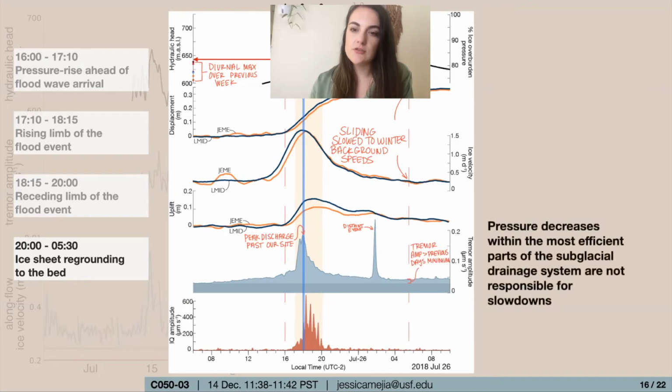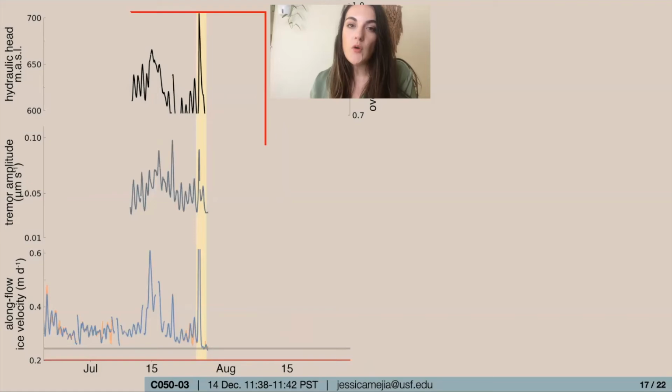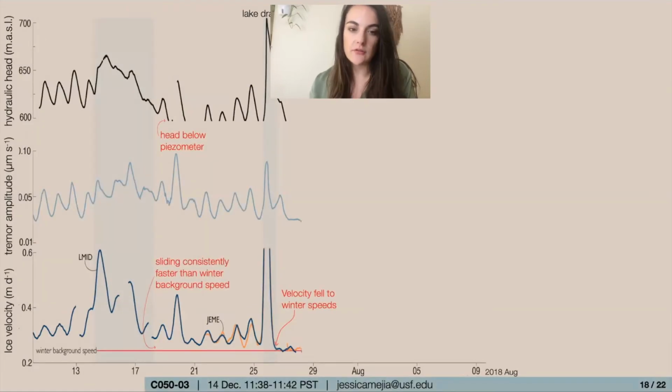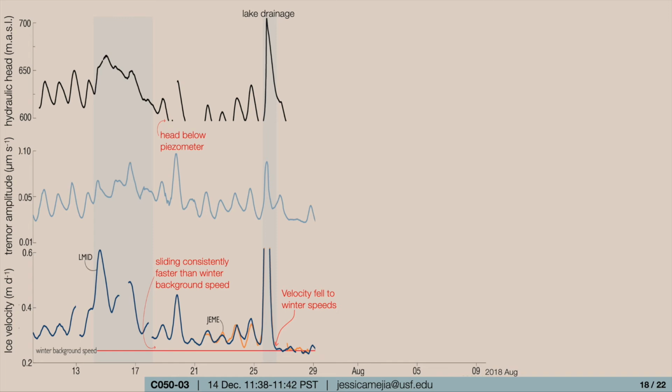These observations show that pressure decreases within the most efficient parts of the subglacial drainage system are not responsible for our observed slowdown. Now I'm going to zoom you into the record so that we can see what happens after the lake drainage event.